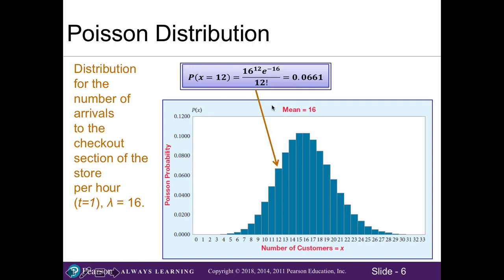Here, where we're using the actual formula for Poisson, if we wanted to know the likelihood of 12 people coming to the checkout stand in 1 hour, we would plug our numbers into the formula where x equals 12. You can see here in our distribution, the probability of 12 customers is 0.0661 when graphed, but also when you plug it in the formula, that's what you get.